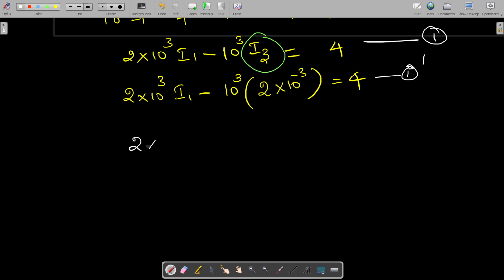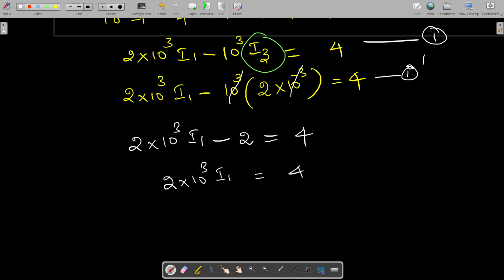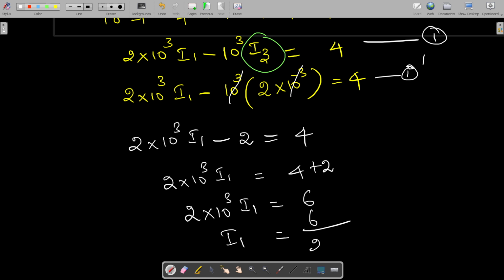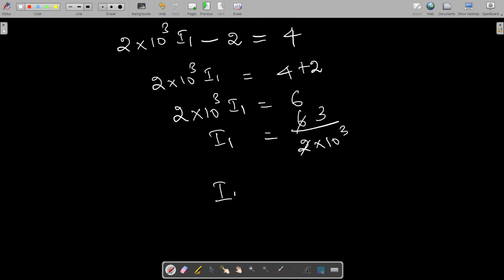These two get cancelled, so 2 into 10 power 3 I1 minus 2 equals 4. Then 2 into 10 power 3 I1 equals 4 plus 2, which is 6. So I1 is equal to 6 divided by 2 into 10 power 3, so we get I1 as 3 milliamps. This is the third answer.